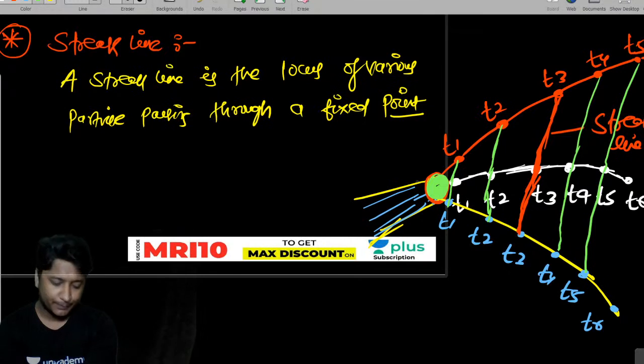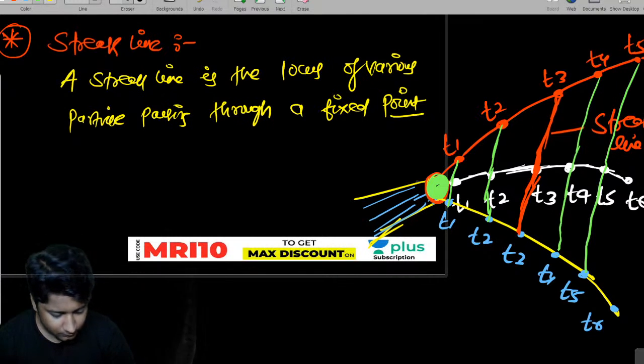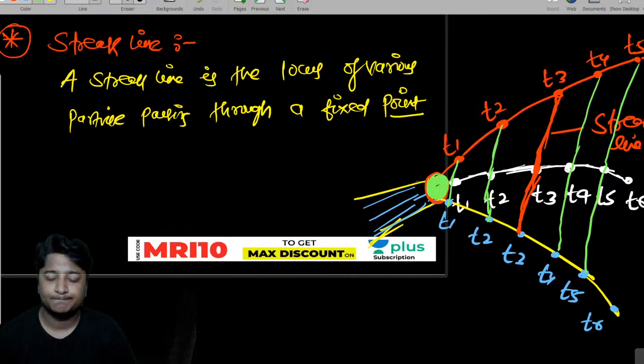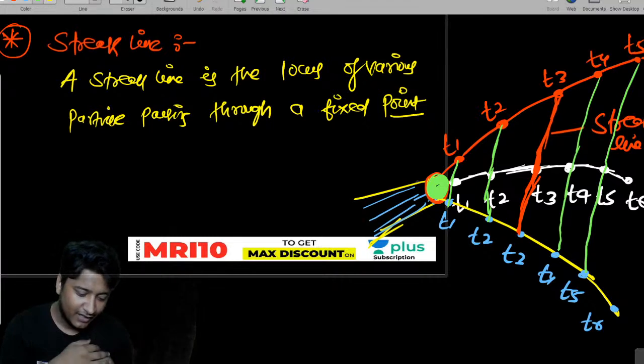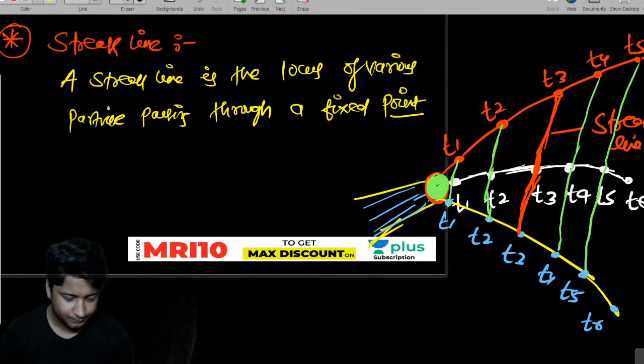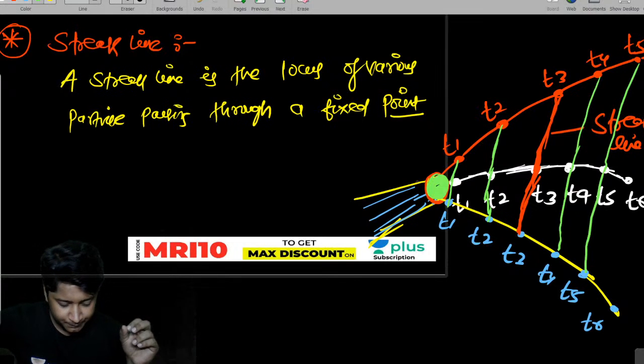Have you understood what is a streak line, what is a streamline? All these lines you have understood. Is it crystal clear or not? Okay, very good.